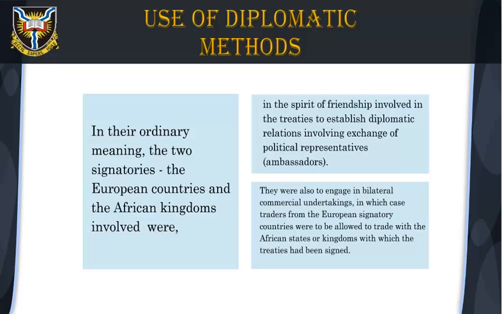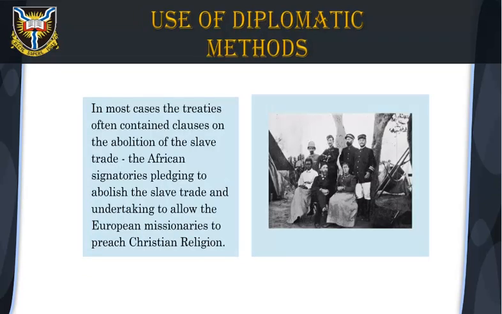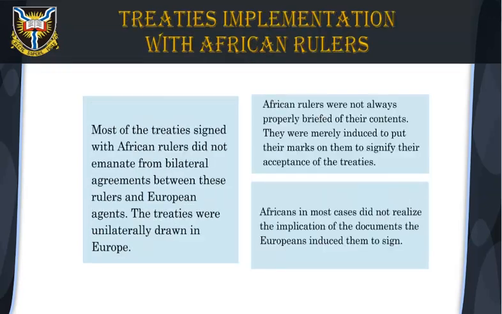They were also to engage in bilateral commercial undertakings, in which case traders from the European signatory countries were to be allowed to trade with the African states or kingdoms with which the treaties had been signed. In most cases, the treaties often contained clauses on the abolition of the slave trade, the African signatories pledging to abolish the slave trade and undertaking to allow the European missionaries to preach the Christian religion.